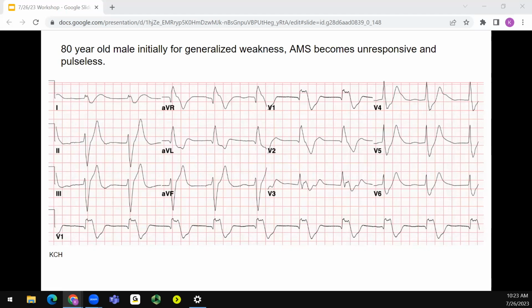Someone says junctional rhythm. Do the morphology of these T waves and QRS complexes look abnormal? Someone says peaked T waves, wide QRS. Someone says give calcium for the treatment of hyperkalemia.